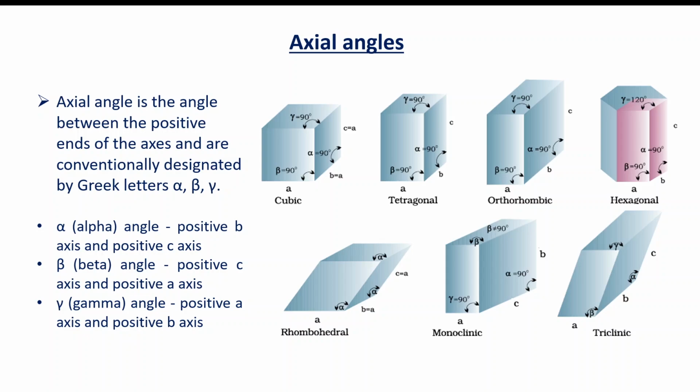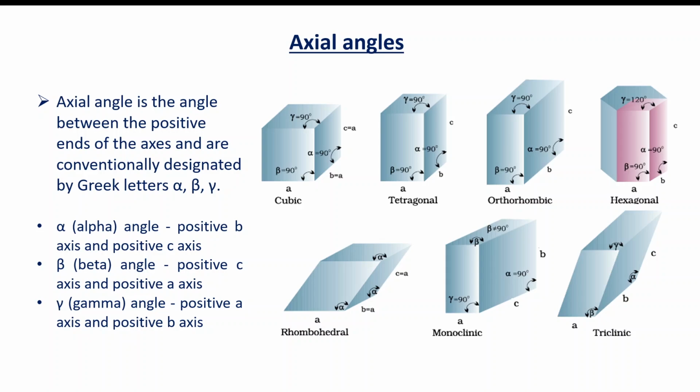In place of beta you will say alpha, in place of gamma you will say alpha, and all these are never equal to 90 degrees, but they are equal to one another: alpha equals beta equals gamma, but not equal to 90 degrees. But remember, this alpha can be replaced by beta as well as gamma.